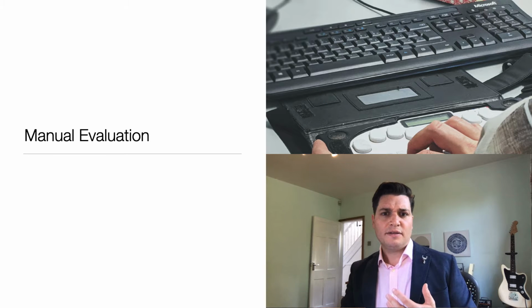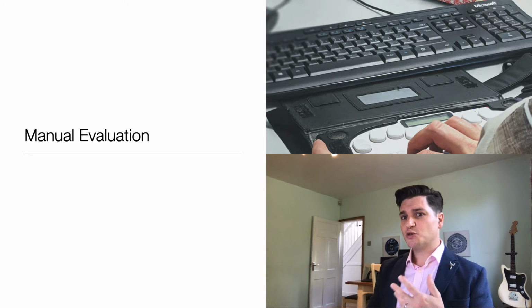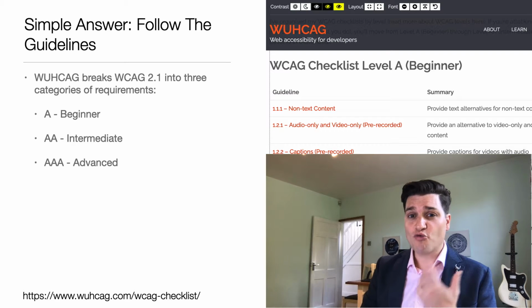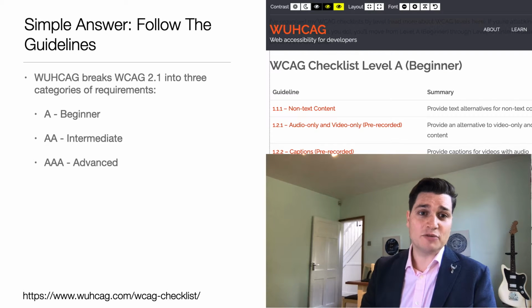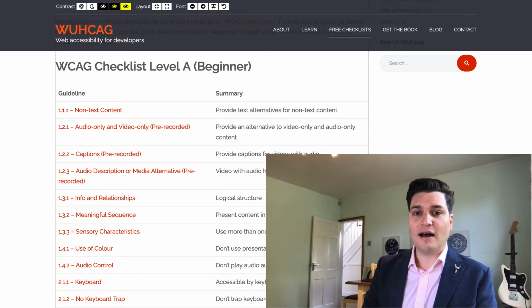So there are manual methods of evaluation and there are tools we can use. I'm going to start with the manual methods. As I said before, we've got 3 levels of WCAG, A, AA, and AAA. This website here, WUHCAG.com, will give you a whole load of things.